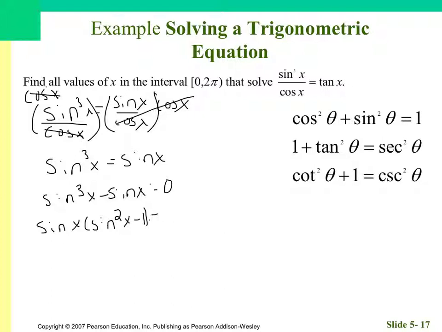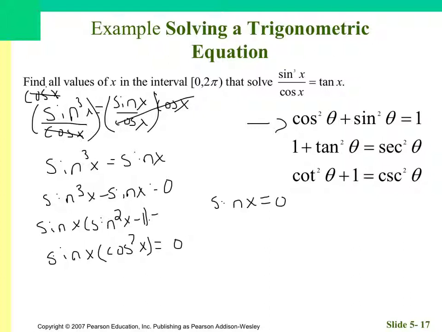Well, and then wouldn't that be sine x, and that is cosine squared x because of this? So then I get sine of x equals 0. Where does sine x equal 0 between 0 and 2 pi?